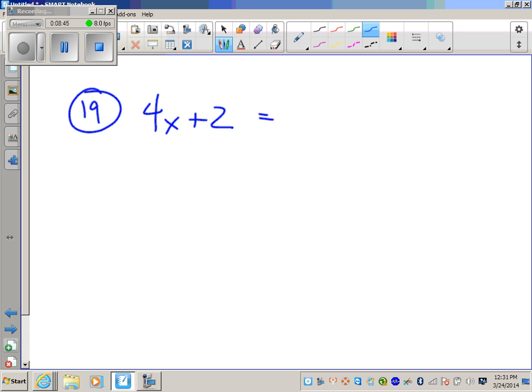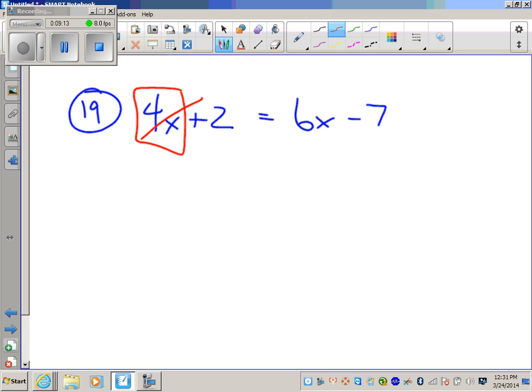4x plus 2 is equal to 6x minus 7. Now, the nice thing about working with equations is you can move stuff around, and you can move anything you want as long as you do the opposite to it. Okay? So, let's take a look at this 4x. How am I going to move it from this side to that side?